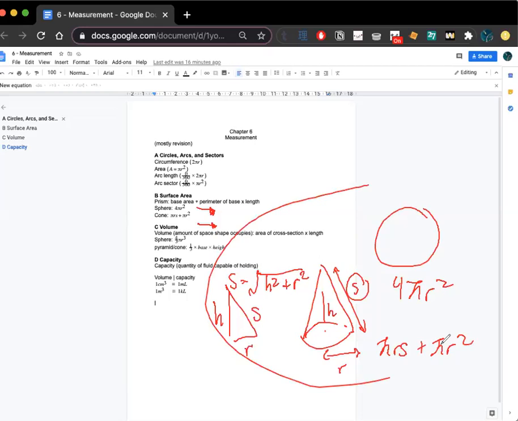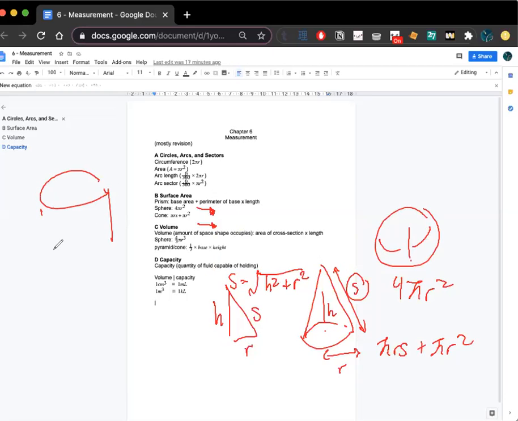So for these problem-solving questions, there are times where they ask for the surface area, for example of a cone, and they would say that it's an open-ended kind of cone.